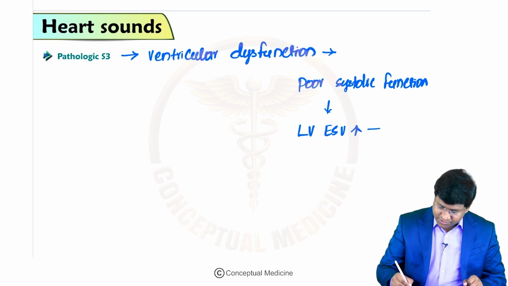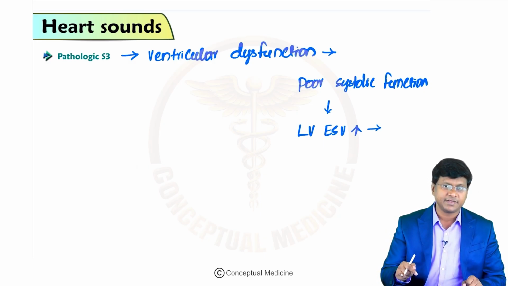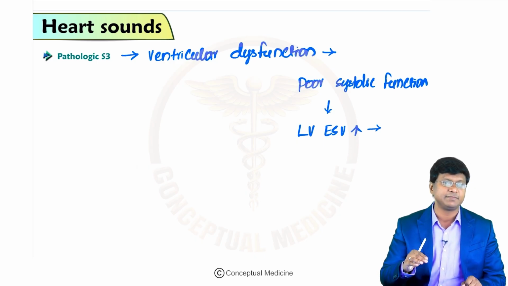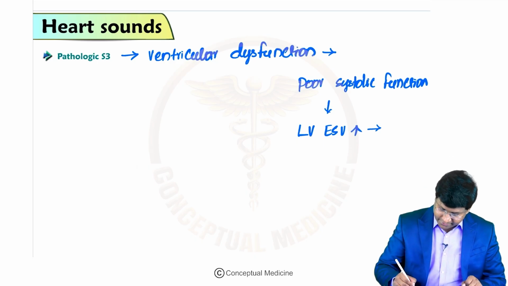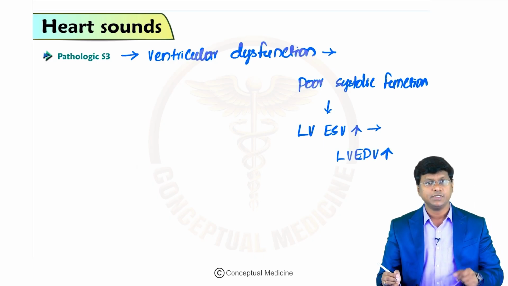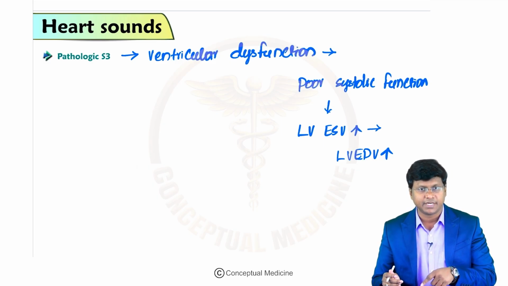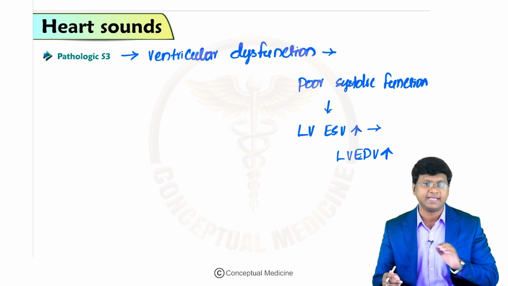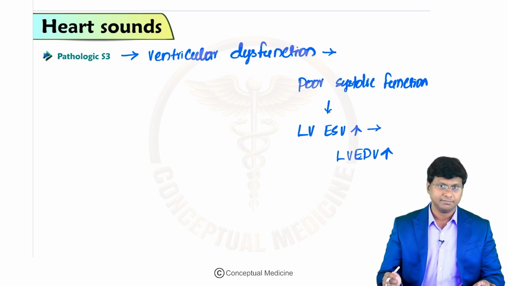When LV end systolic volume increases, a large quantity of blood is remaining in the left ventricle at the end of the systole compared to normal. This ventricle will now receive the blood from the atria. So what will happen to LV end diastolic volume? It increases. Why? Because to the increased end systolic volume, the LA blood is added.